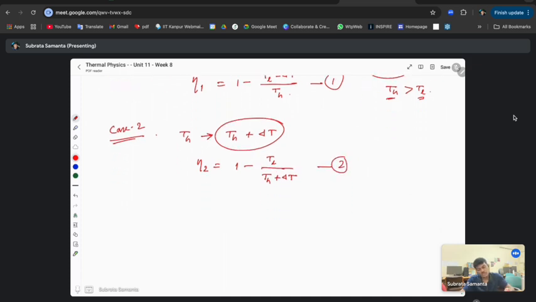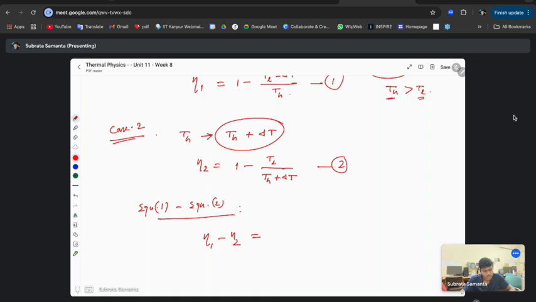So now your job is to compare these two. So equation 1 minus equation 2, so basically eta 1 minus eta 2, right?